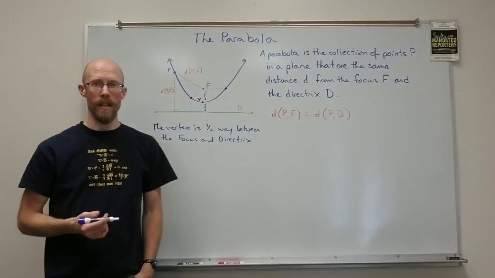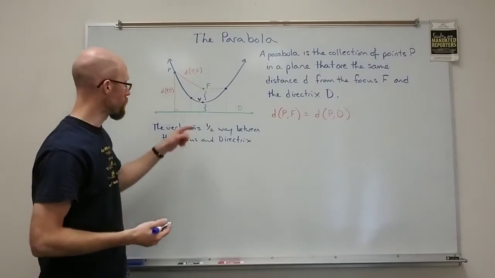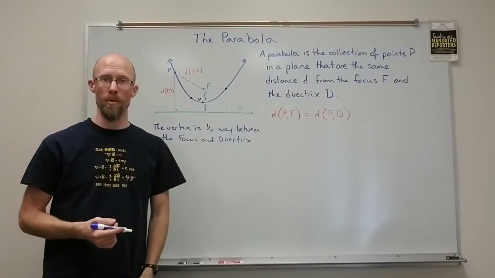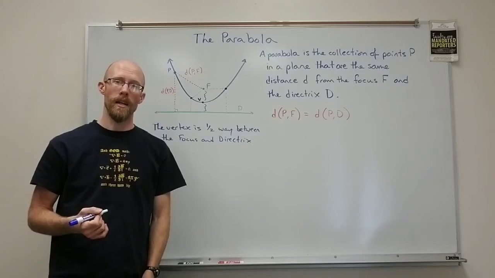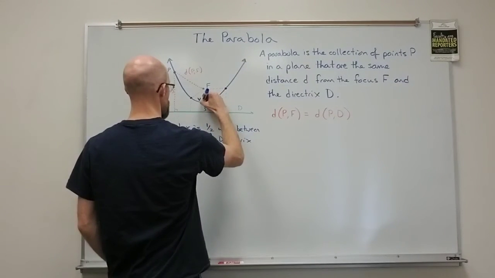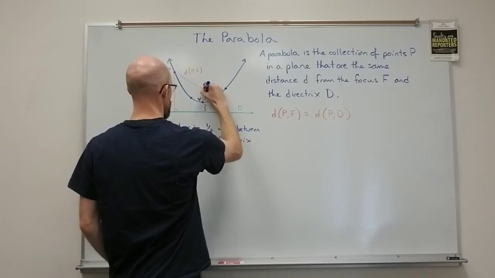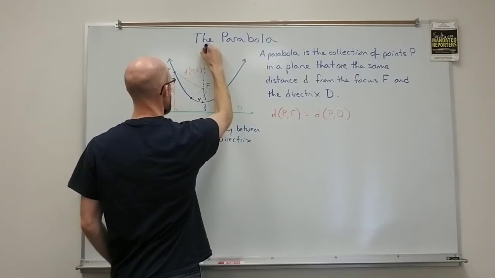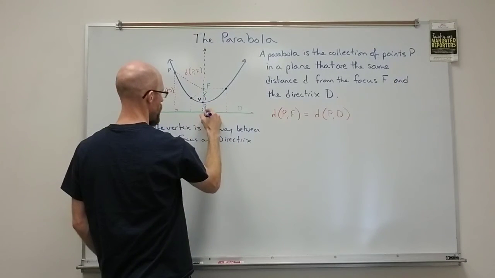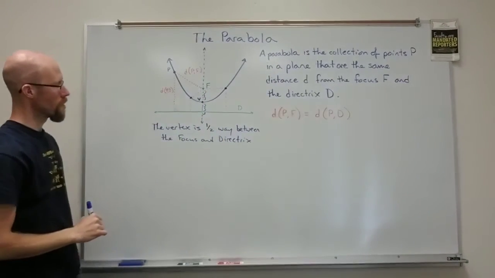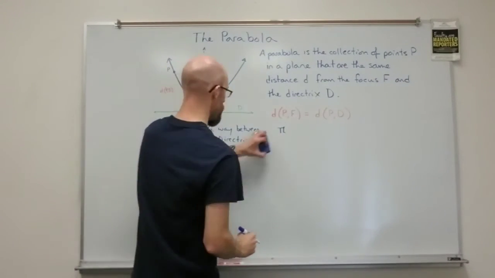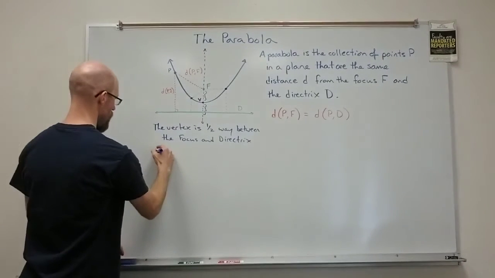Now there is a line that goes through the vertex and the focus and is perpendicular to the directrix, and that line is called the axis of symmetry. So the axis of symmetry runs through those two points and is perpendicular to the directrix. Let me not write it there, I want to save that space.